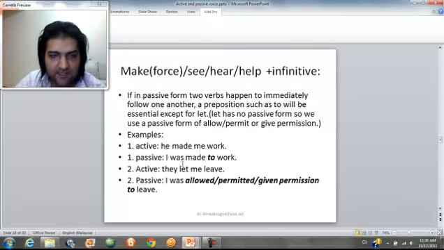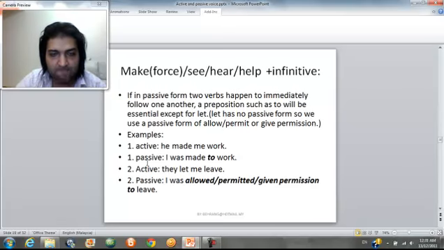Look at these examples here. Active: he made me work. Made here means force. So I was made to work is the passive. When I go, he made me work, it means he forced me to work. So in the passive structure I go, I was made to work. I put a preposition here.